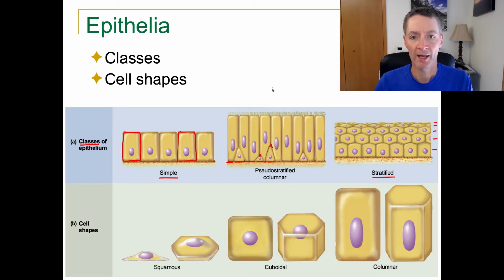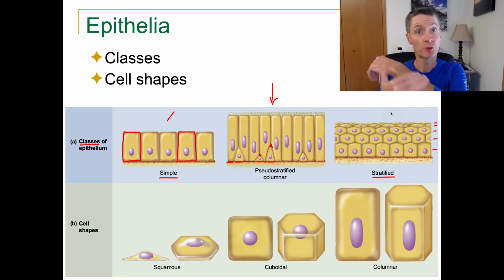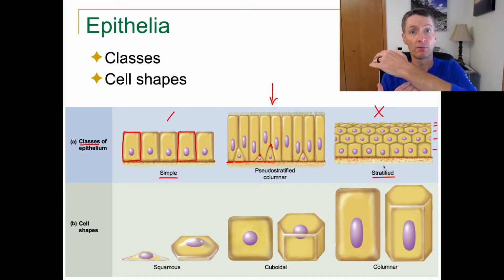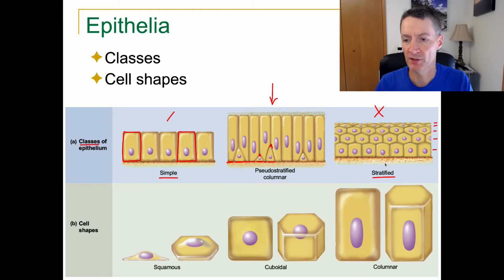This is where our actual surface is, right? So if this is the skin over here, for example, many layers here would be stratified. Then this is just space. This is just the air outside of our skin, okay? And then this down here is whatever is underneath the skin, whatever it's attached to. So these are the surfaces on top. They call it an apical surface up on top, okay?